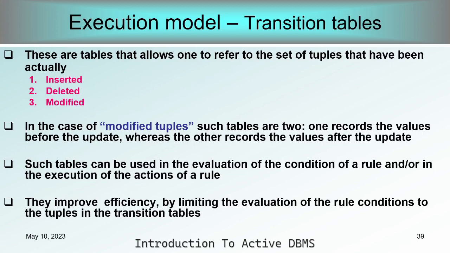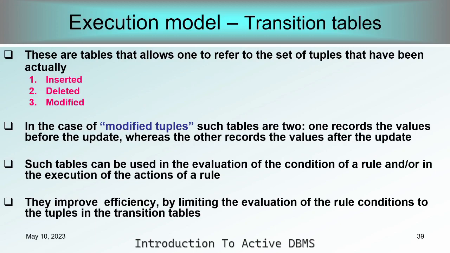In this case, the modified tuples of such tables have one record of the values before the update, whereas the other record has the updated values.